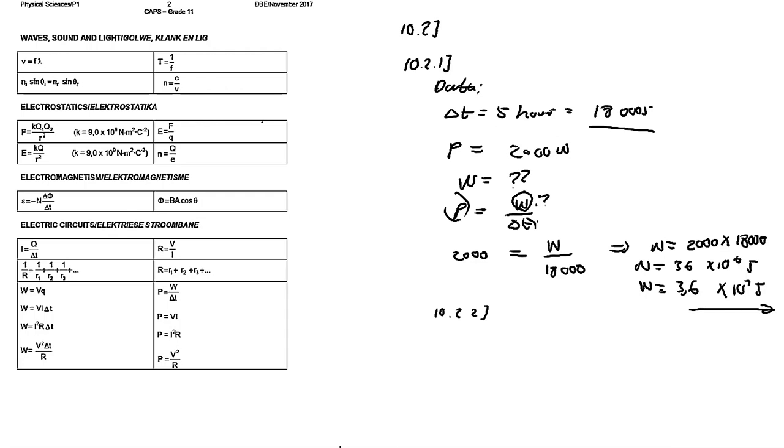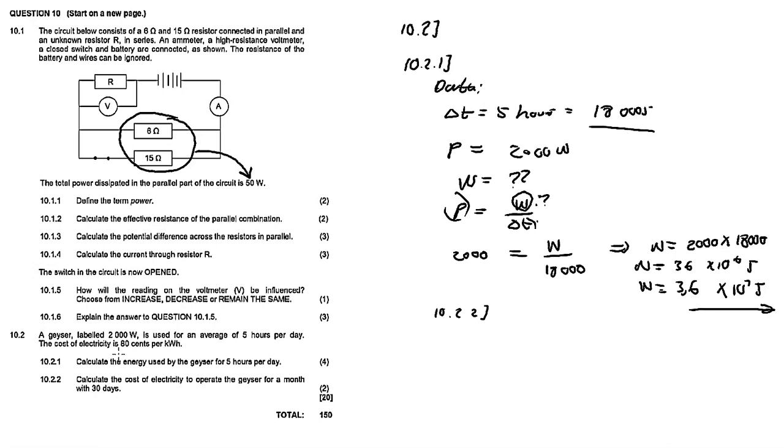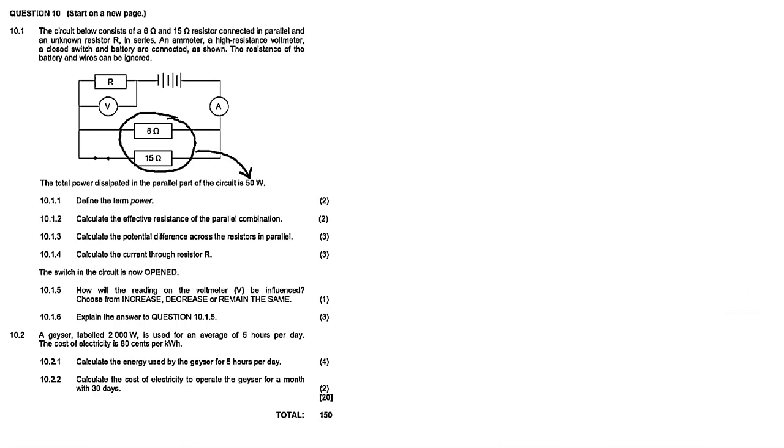10.2.2 bathini ke manje. Okay, now 10.2.2, calculate the cost of electricity to operate the geyser for a month with 30 days. Okay, for this one I think it's so 10.2.2 for a month.